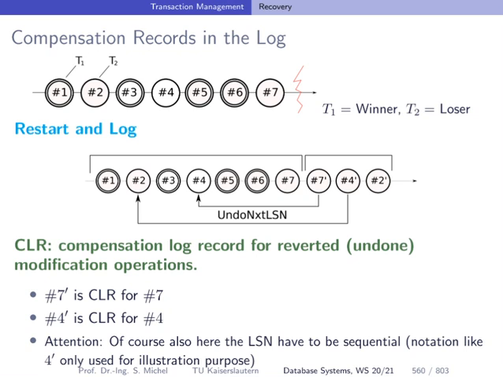Let's see how this can look like in this little example. We have two transactions, T1 and T2. We assume that transaction 1 is a winner and T2 is a loser. So we need to undo the modifications done to our database by transaction 2.